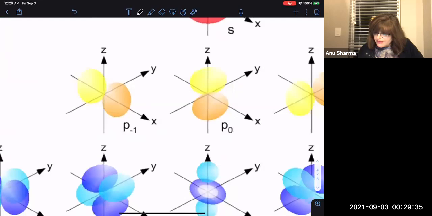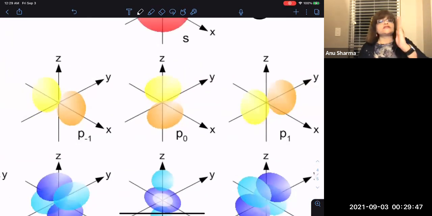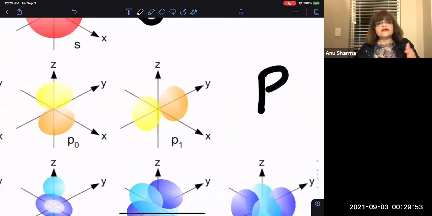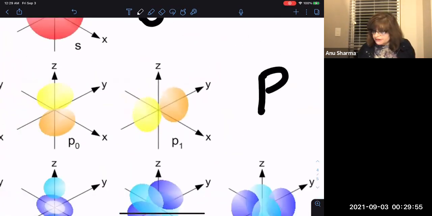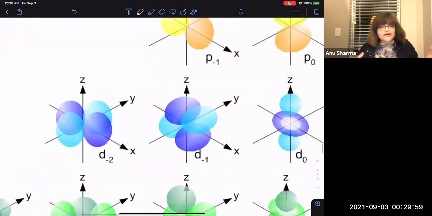If you look at it, this is px, where the electrons are found on that side and that plane of the dimensions, and then this is the vertical dimension. So the electrons can be found horizontally, vertically, and diagonally in the p orbitals. Okay, similarly here, the electrons have more freedom, more space, so more rooms.